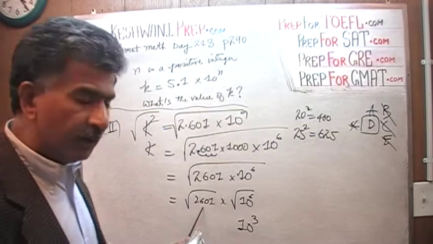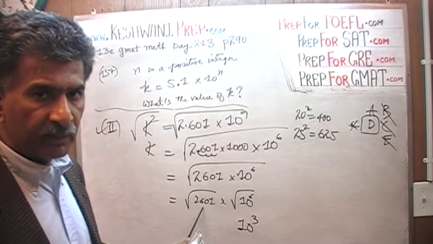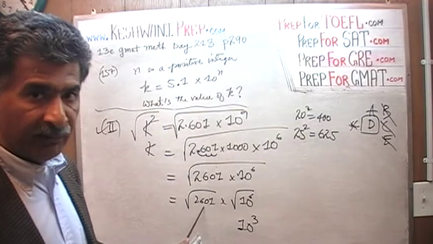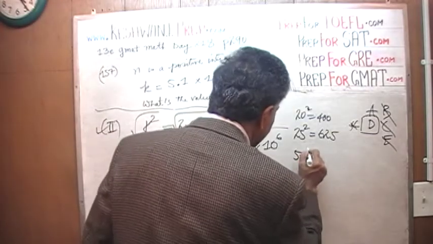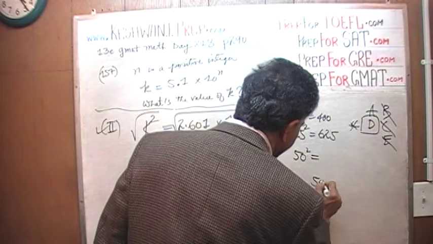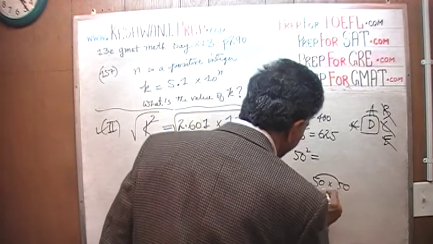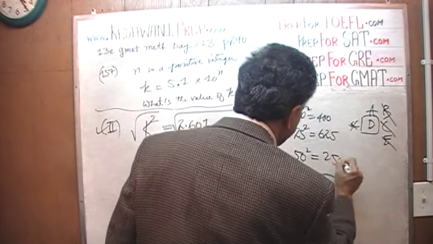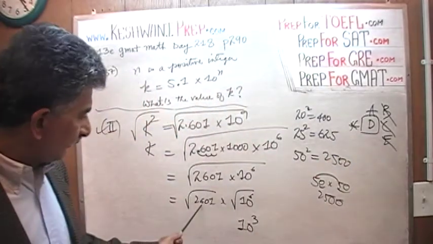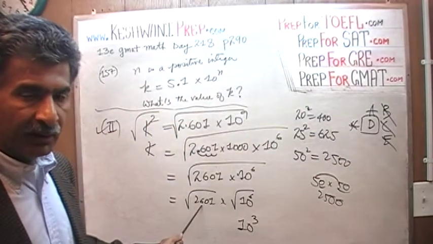Like for example here, in order for us to figure out what square root of 2,601 is, it comes in very handy to understand the square of 50. The square of 50 is simply 50 times 50, which is the same as 5 times 5, which is 25, and the 2 zeros, so 2,500. This is not 2,500, this is 2,601.